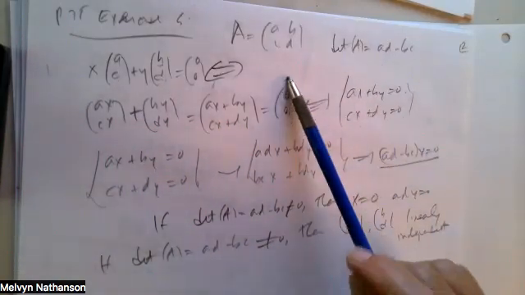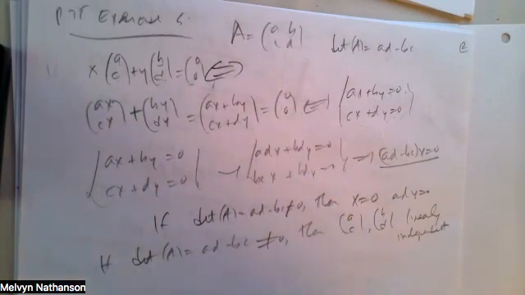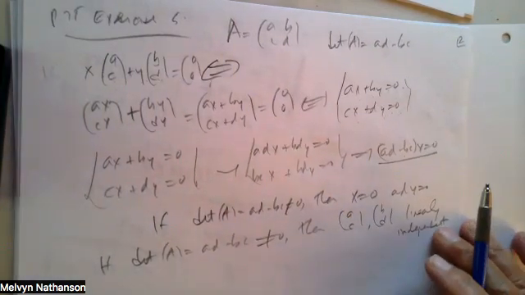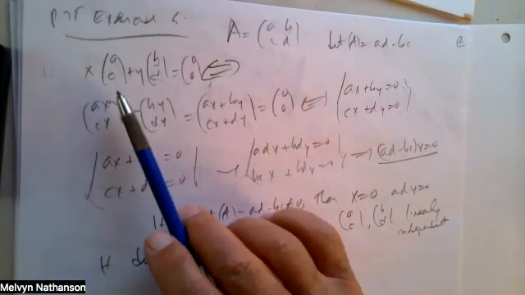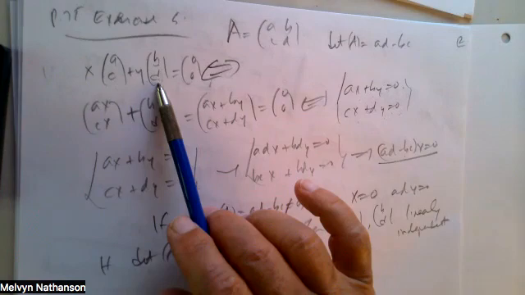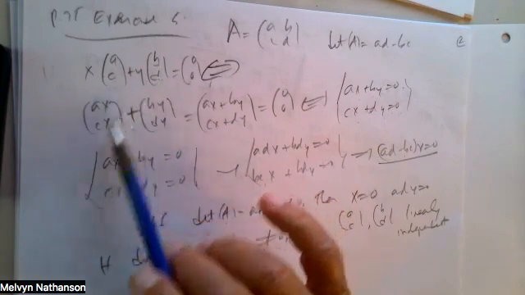We're going to show here you have a matrix, and if the determinant is non-zero, the column vectors are linearly independent. So what does linearly independent mean? It means the only linear combination of vectors that's equal to the 0 vector is the trivial linear combination where X and Y are 0.